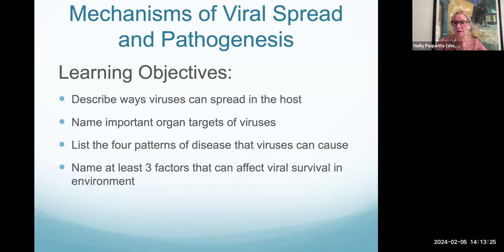And remember, when we're talking about viral survival, because viruses are not living, we think of how do factors in the environment affect whether a virus remains active or inactive. With that, we'll move on to the next slide.